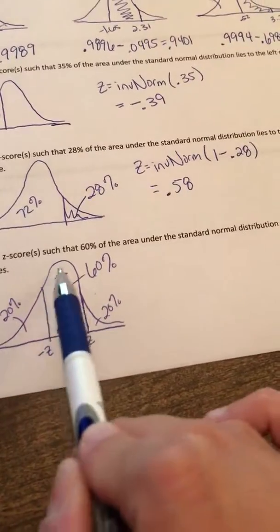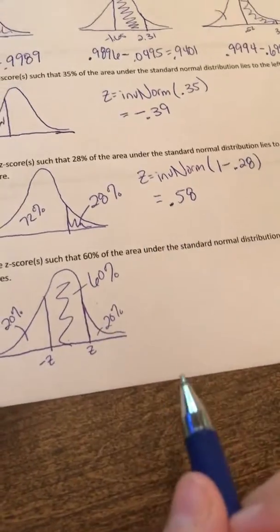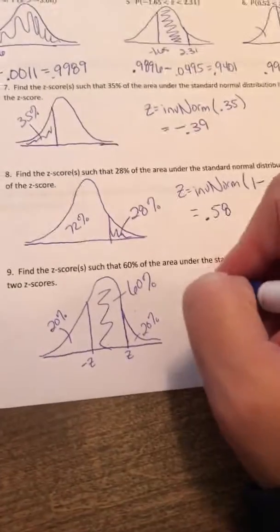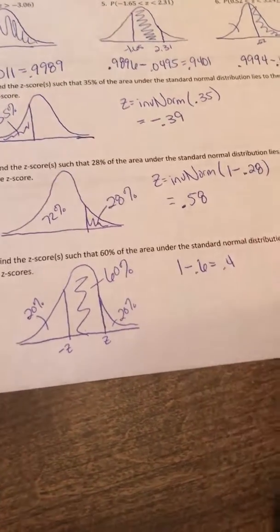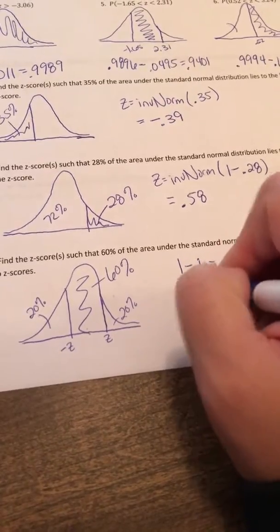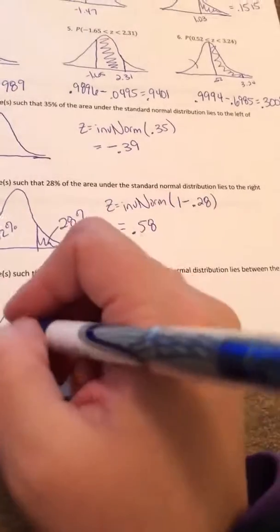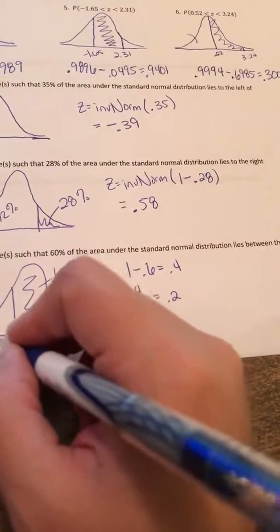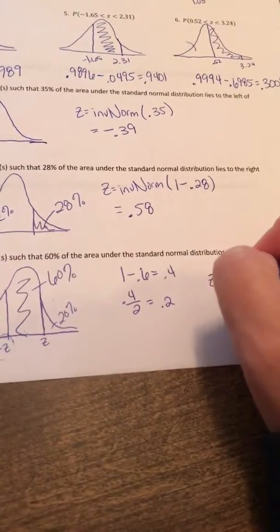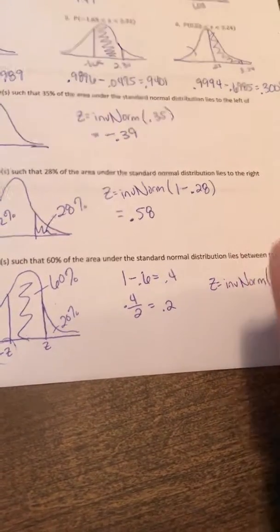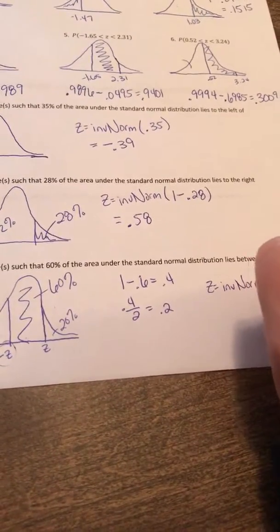It is symmetric, so if there's 60% in the middle, you have 40% left over, so half would be here and half would be there, so 20 and 20. So you can also do that if you say 1 minus 0.6 gives us 0.4, and then divide 0.4 by 2, which gives us 0.2, which is 20%. So we type in the area to the left, so it's going to give us the negative z first, and then we're just going to use the positive one too because it is symmetric. So we'll do the inverse norm of 0.2, not negative, sorry.